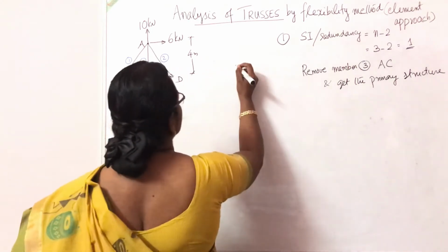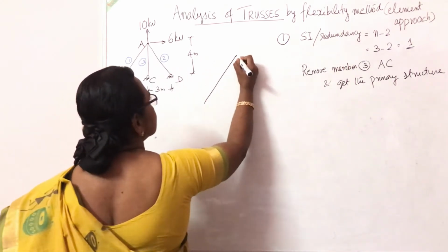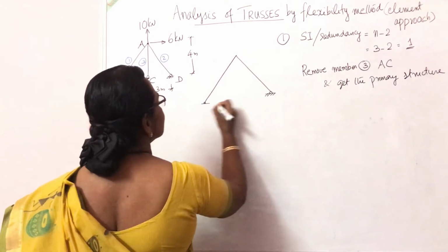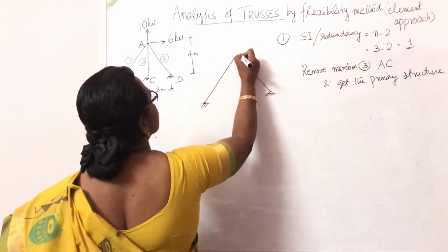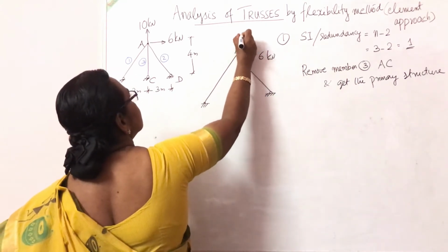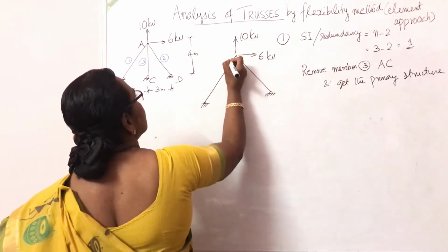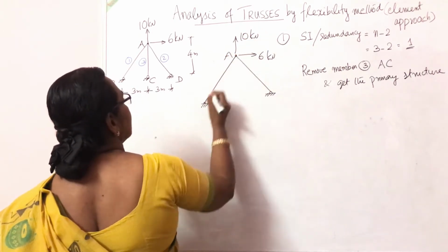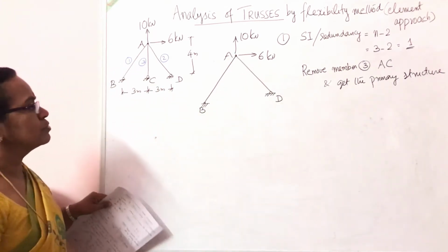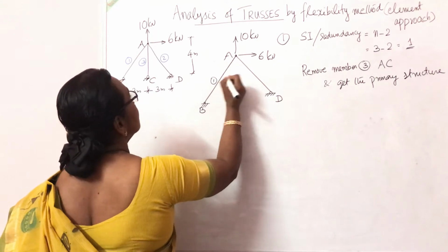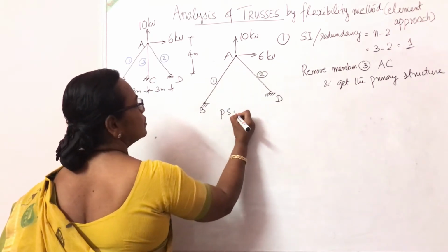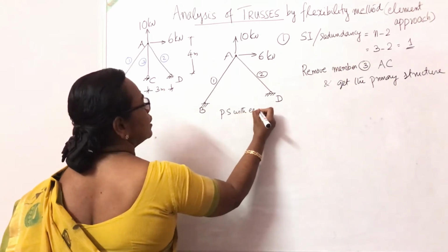The primary structure will now have 2 elements and the loads 6 kilonewton and 10 kilonewton acting at this joint A. So A, B, A, B. I have removed that member. AB is member 1 and this is member 2. I can write here the primary structure with external load.